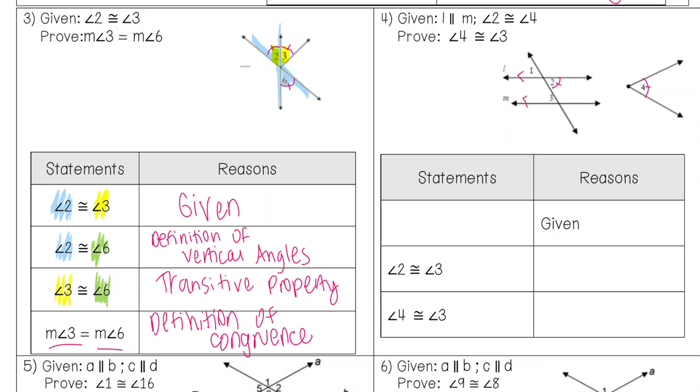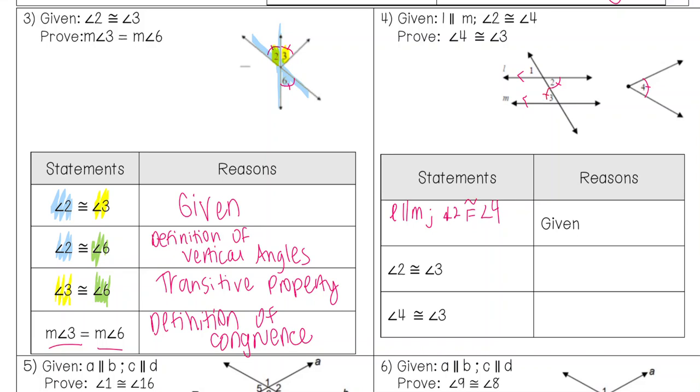Looking down at our two-column proof, some of it's already filled in for us. The first line is blank for our statement, but its reason is given. We always start with what's there, so I'm going to fill in that line L is parallel to line M, and that angle 2 is congruent to angle 4. Then looking at my next line, I can see that angle 2 is congruent to angle 3.